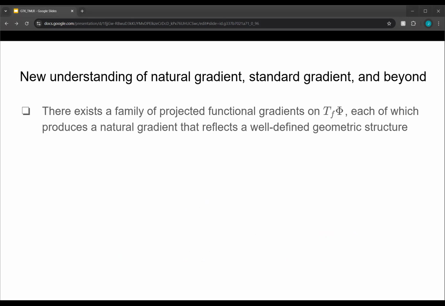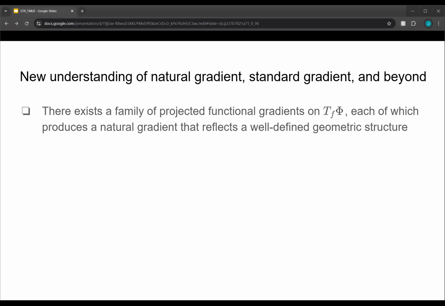The GTK theory provides new understanding of natural gradient, standard gradient, and beyond. In particular, there exists a family of projected functional gradients on the tangent space of embedding phi. Each of these projected functional gradients produces a natural gradient that reflects a well-defined geometric structure.